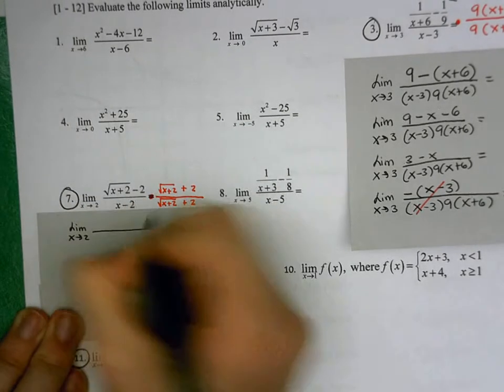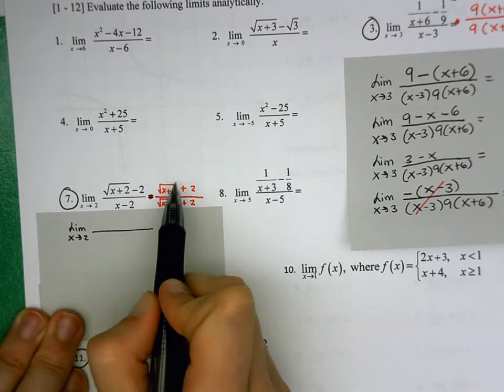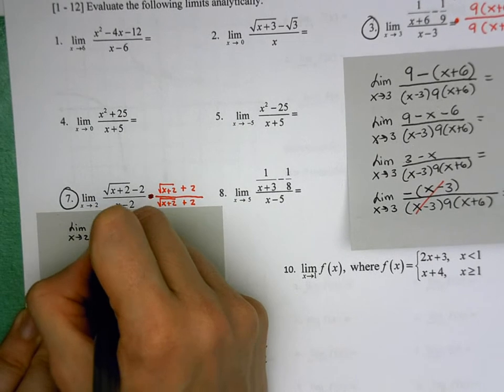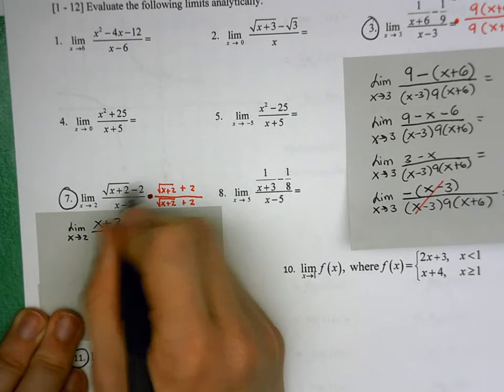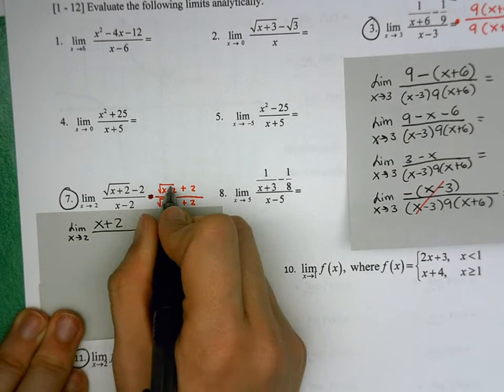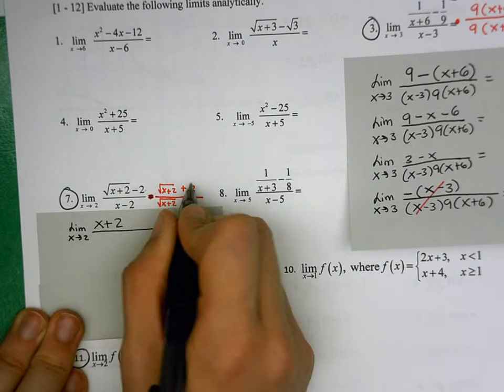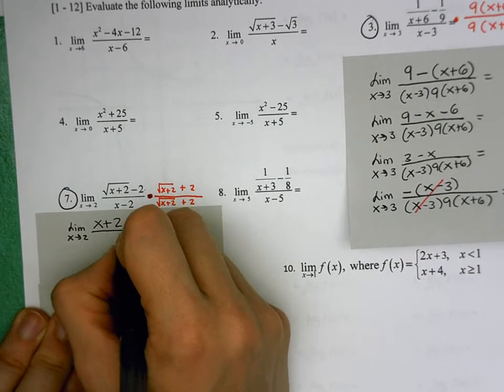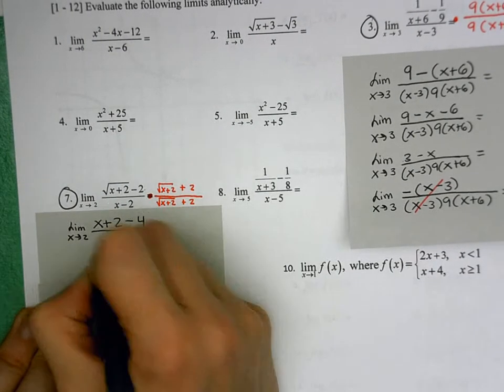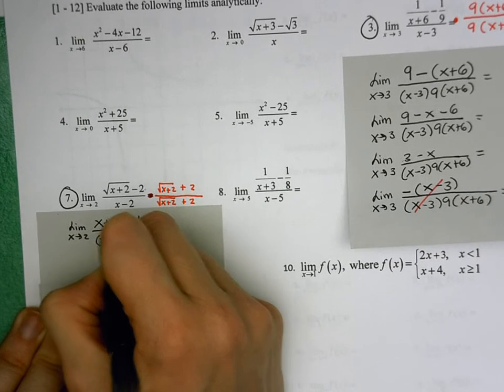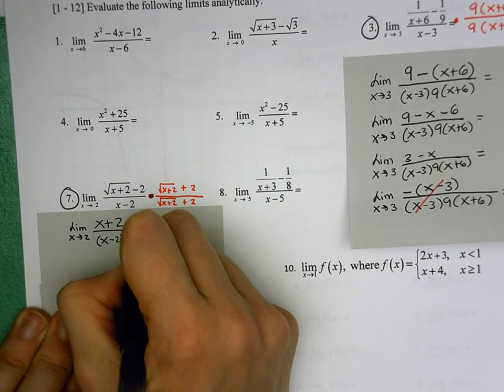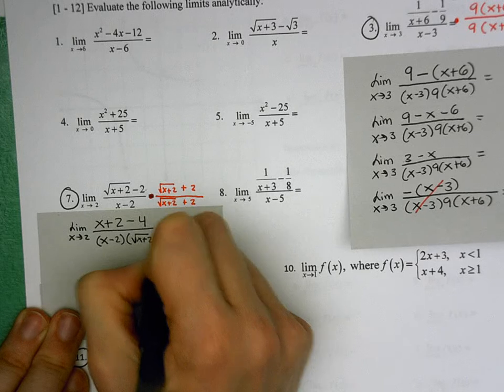Okay, so in my numerator here, root x plus 2 times root x plus 2 is x plus 2. The outside and inside will cancel, and I'll be left with the last terms. Negative 2 times positive 2 is negative 4. In the denominator, I have x minus 2 and root x plus 2 plus 2.